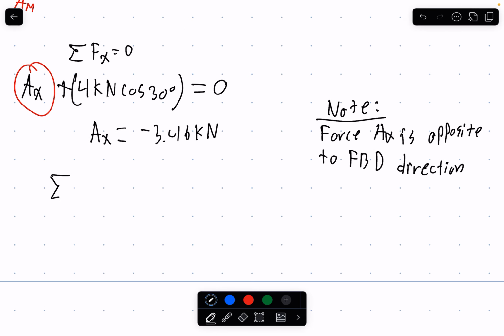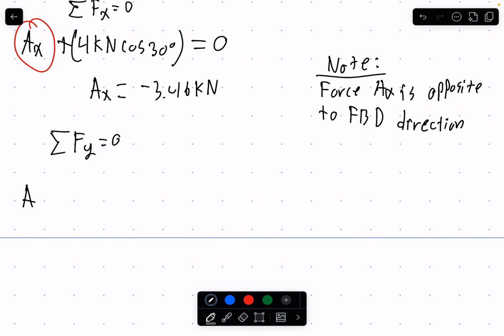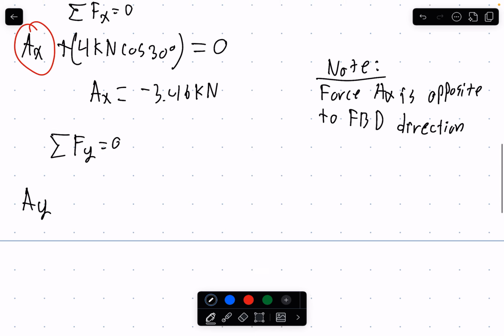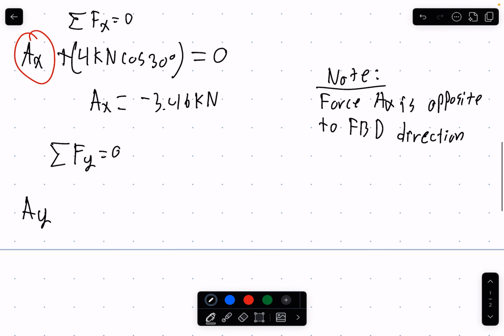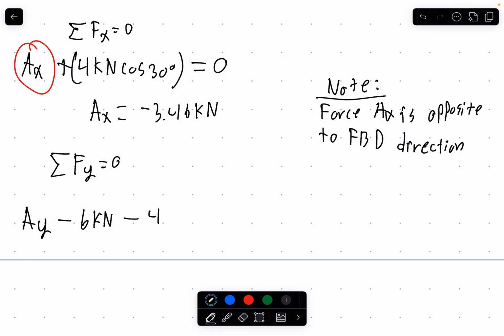So let's continue on to sum of forces in the y. Set it equal to 0. Left to right, we have the reaction of A in the y direction. Then we have a 6 kilonewton point load, negative, it's going down. And then we have that 4 kilonewton load going down as well. And to find the vertical component, we're going to take the sine of 30, and set that all equal to 0.